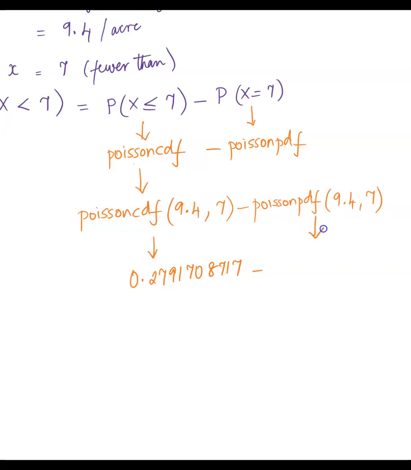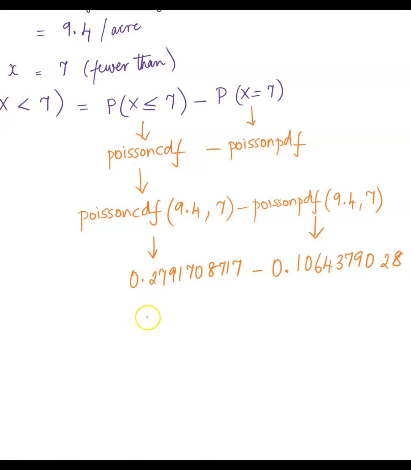Keep it all in the calculator so that you don't have to type them. If you need to recall one of the answers, you can go back and hit enter to recall that answer. And when it was equal to, the PDF gave us 0.10647902 8.